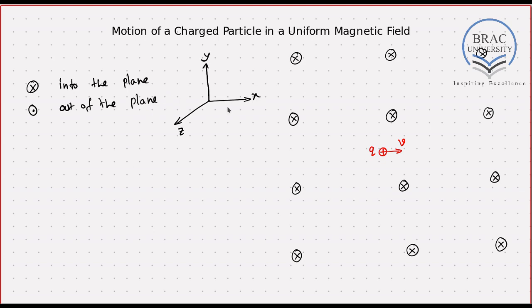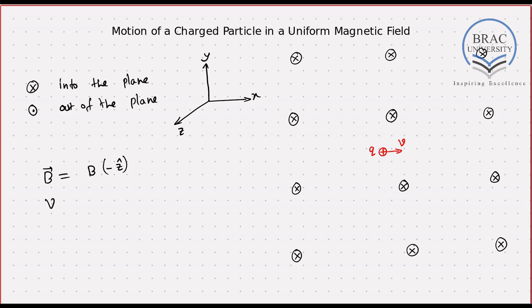Okay, so as you can see, our magnetic field is the magnitude of the magnetic field times z hat, pointing into the page, and our charge q is moving along the plus x axis.